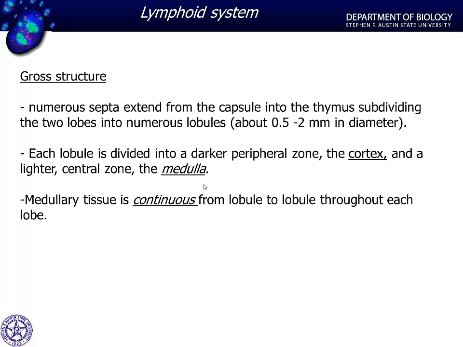Now, within the thymus, much like we saw with our lymph node, the capsule dives down and subdivides a cortical region into different divisions, and then the deeper portion is the medulla. In this particular organ, the cortex is going to be much darker because we have a greater density of cells, and the medulla is going to be lighter in color. And we're going to see this scattered throughout these individualized compartments that are broken up by our connective tissue septum.